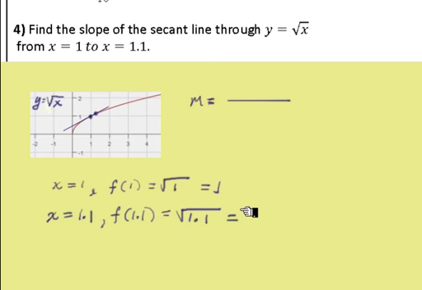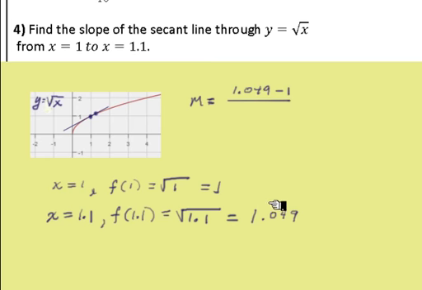And we'll do this on the calculator. Square root of 1.1. Okay, so I get approximately 1.049. All right, so the slope, subtract the y's on top, and we get 1.049 minus 1.